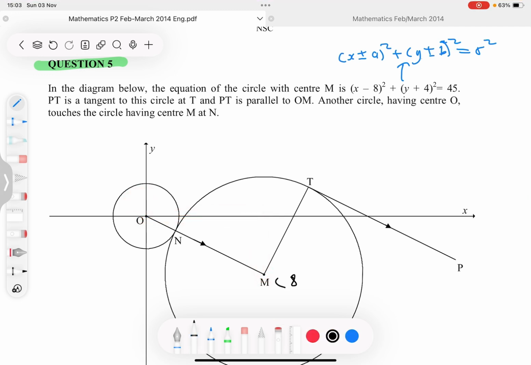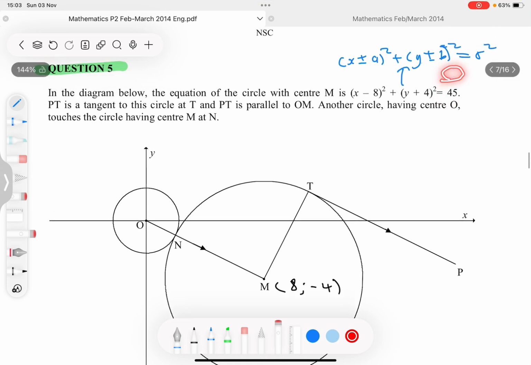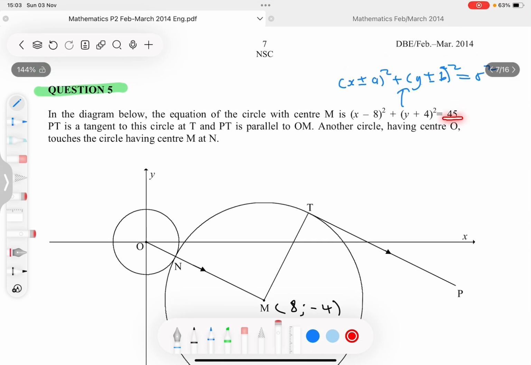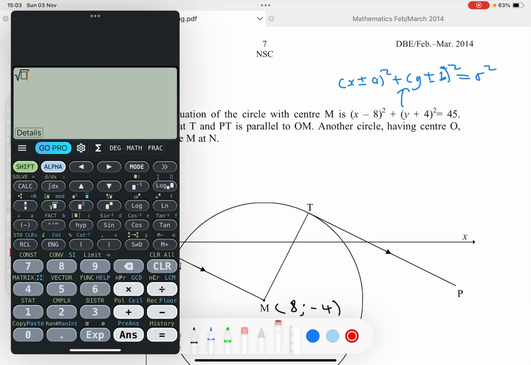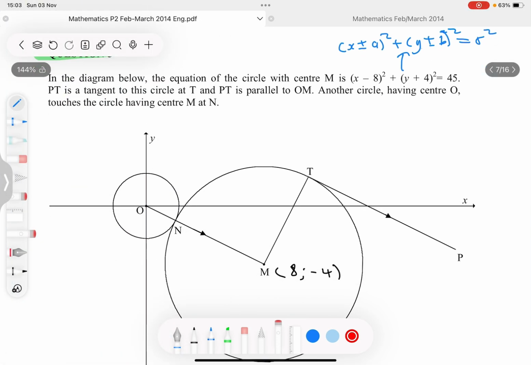Now this M here is defined by 8 and negative 4, because we're going in the negative direction with our 4. And not only that, we can also see here that our radius, remember the 45 here, already it's a square. That means if I take the root of 45, we get our radius as 3 root 5. So we have r defined by 3 root 5.